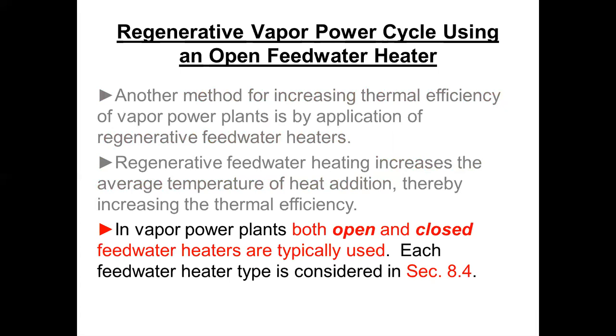We typically have just one of those per cycle, at the mid pressure range. We can look in a second at where those are in the actual Kingston cycles. The steam that comes in and the water actually mix.